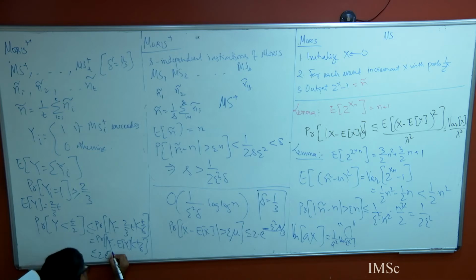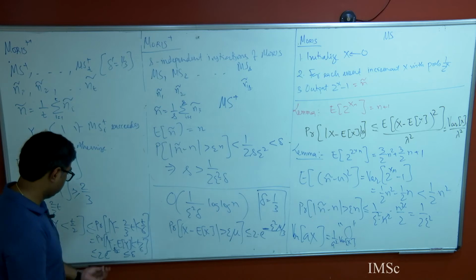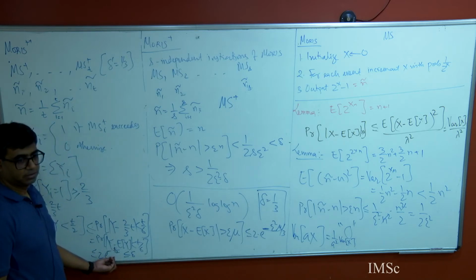It should be something like 1/4, right? So it is t by 12, right? Is that okay? Something of this nature. And all we need to show is that this is less than delta by choosing t appropriately.